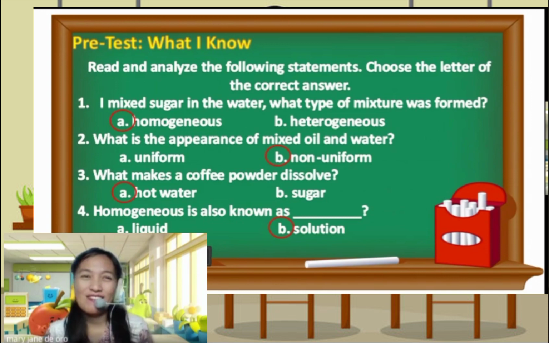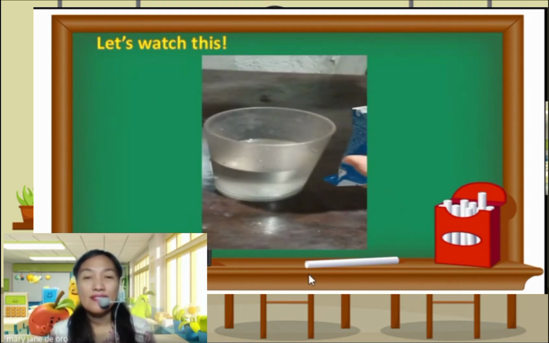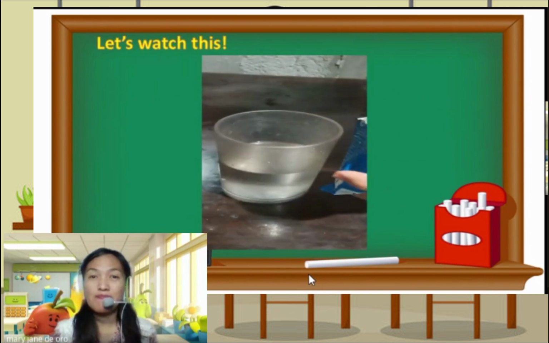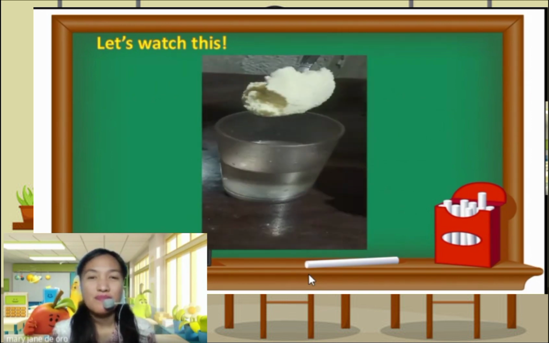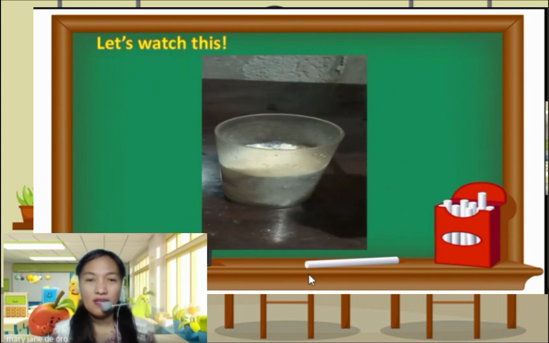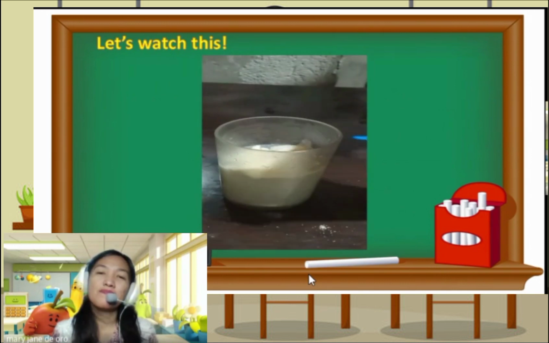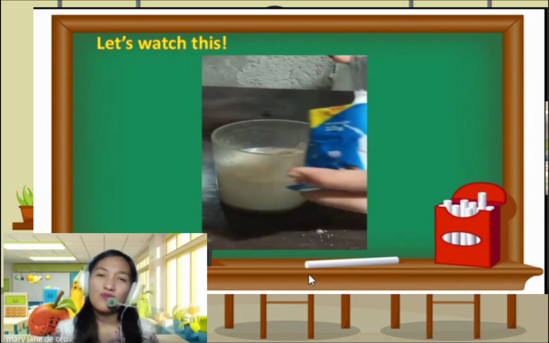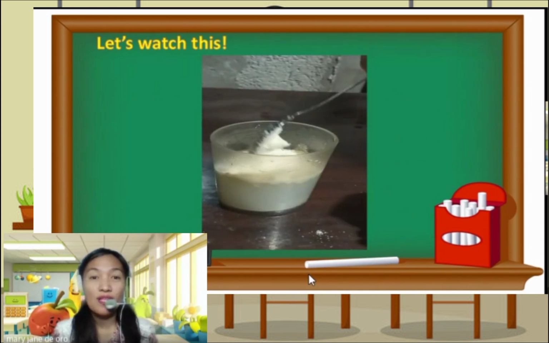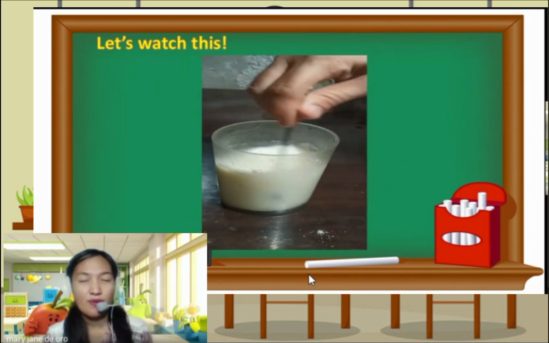Let's proceed. Okay, we have a glass of water and milk powder. So mix together and we are going to stir it. Try to observe what will happen to the substances that we mix together.